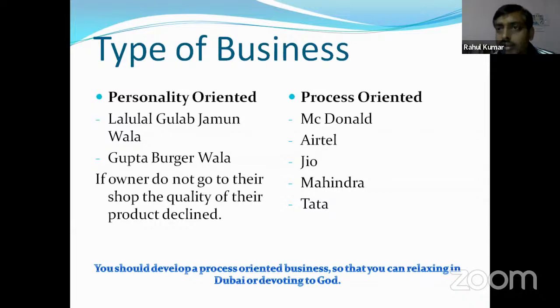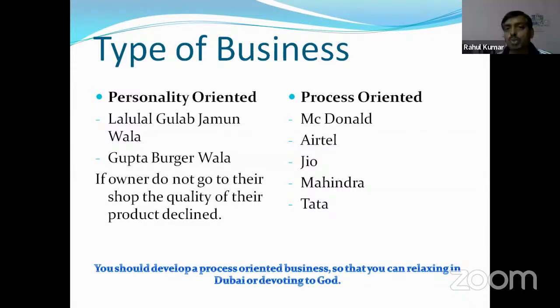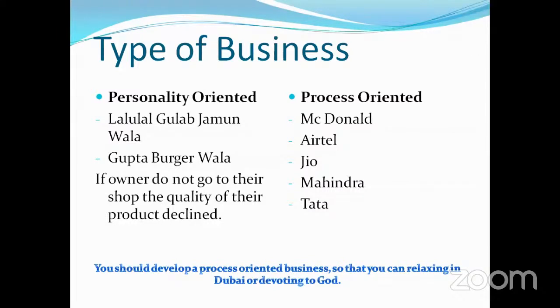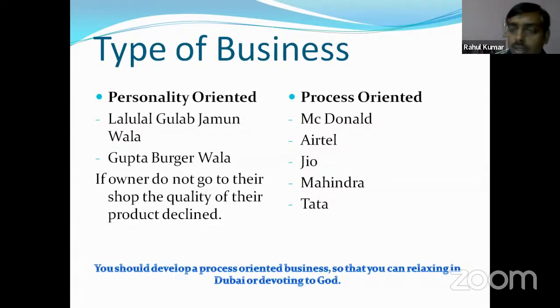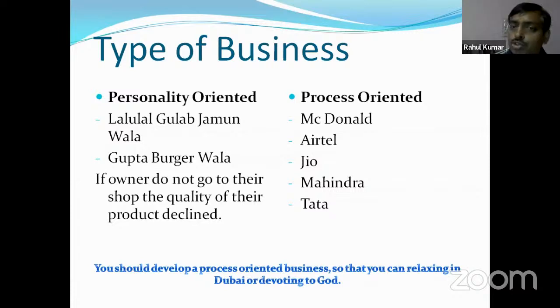That's the reason Tata can do lots of work outside, because of the process. If Ratan Tata is not available in India, it doesn't mean work is stopped. No, work is going to happen all the same. In the same way Mahindra, Jio, Airtel and McDonald's, all the work is going to be done according to their benchmark and with better quality.